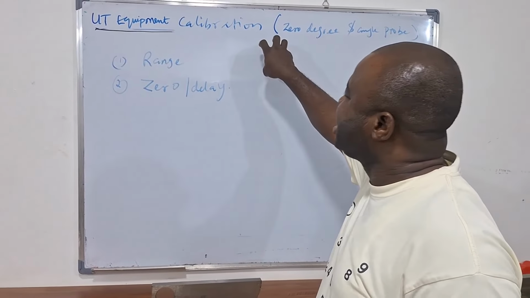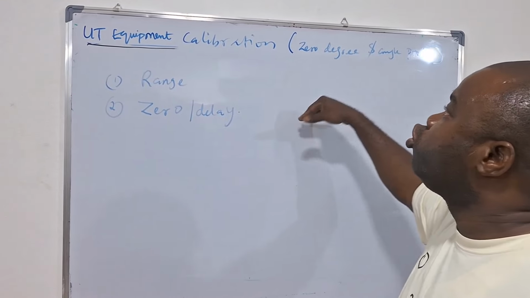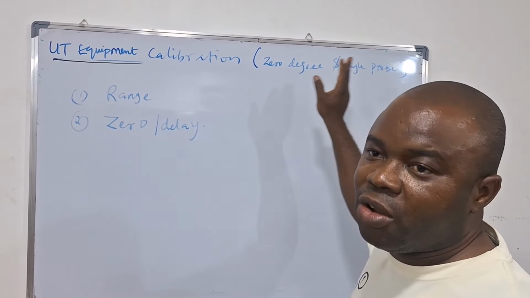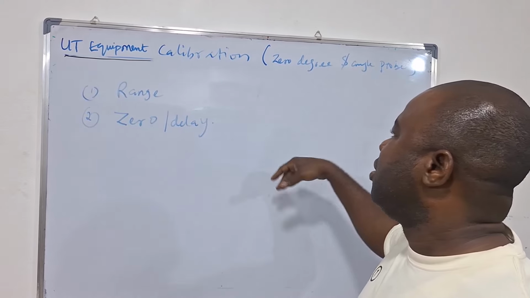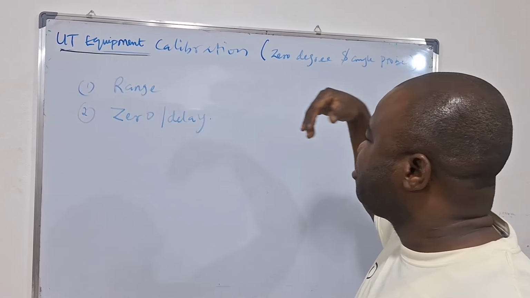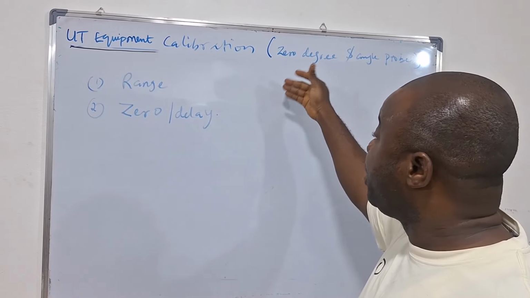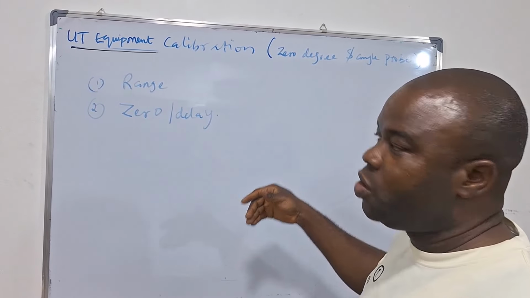So before you talk about calibrating the unit, you should have done your setup. You should have set up your velocity, your frequency, and the rest, so that you are getting the right readings and every other thing is working before you now do your calibration.